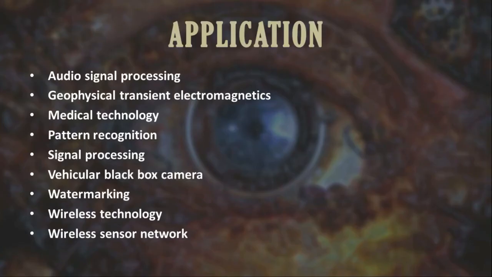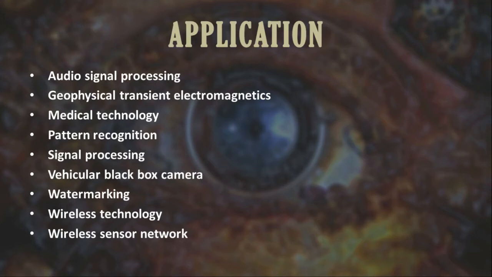These are some applications of DCT and DFT algorithm. Audio signal processing: it is used for audio coding, audio data compression, lossy and lossless surround sound, digital sound and speech processing. Geographical transient electromagnetics. Medical technology: it is used for electrocardiographic, that is ECG, and vector cardiographic, that is VCG.